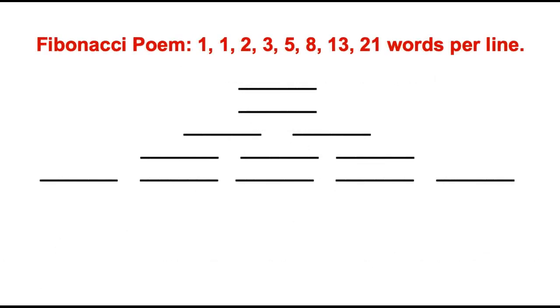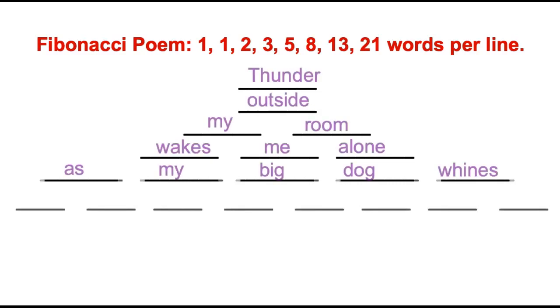The easiest way to do it is to draw the number of blank lines associated with each number in the sequence. So, for the number 1, I would draw one line so that I could fill it in with the word, and so forth, all the way down. Here's a draft of a poem that has been started. It's simply a matter of filling in the blanks and continuing here.